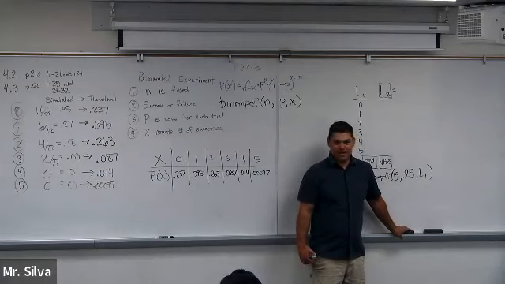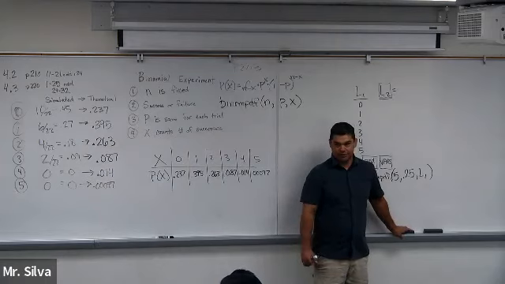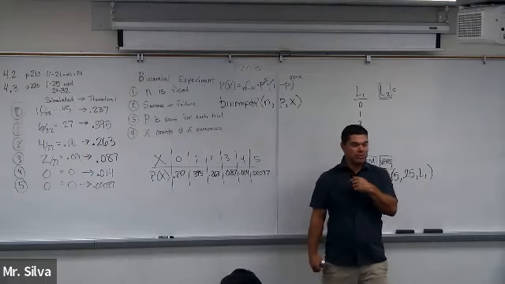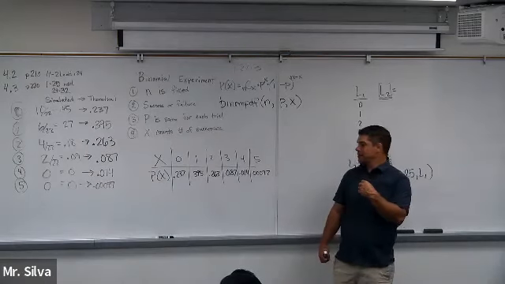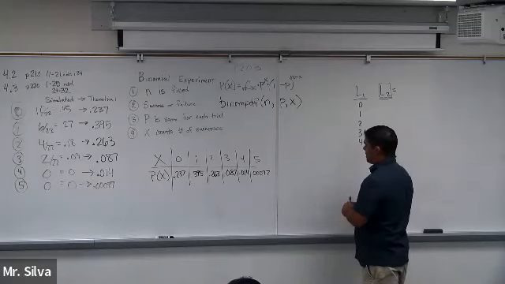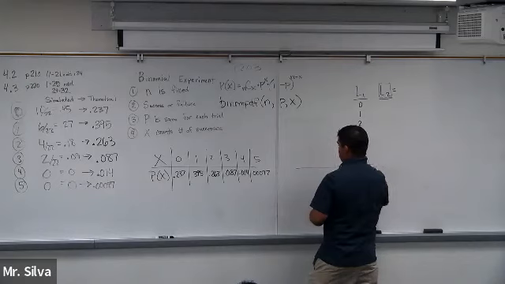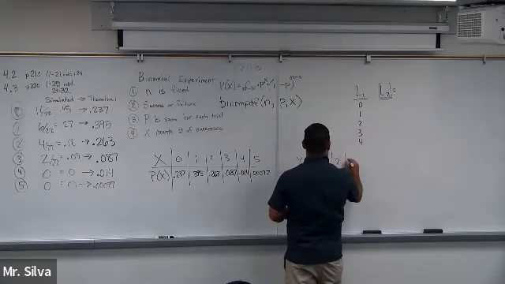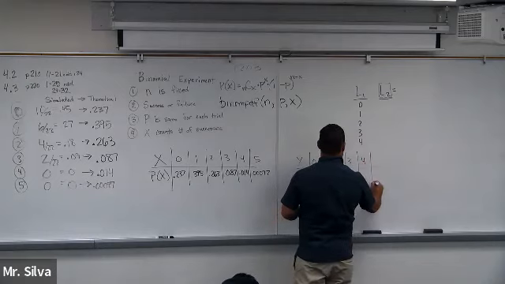The probability of getting a question right is 0.2, or 1 divided by 5. Before, this probability was 0.25. The probability of getting 0 questions right. Let's go X is 0, 1, 2, 3, 4, 5.